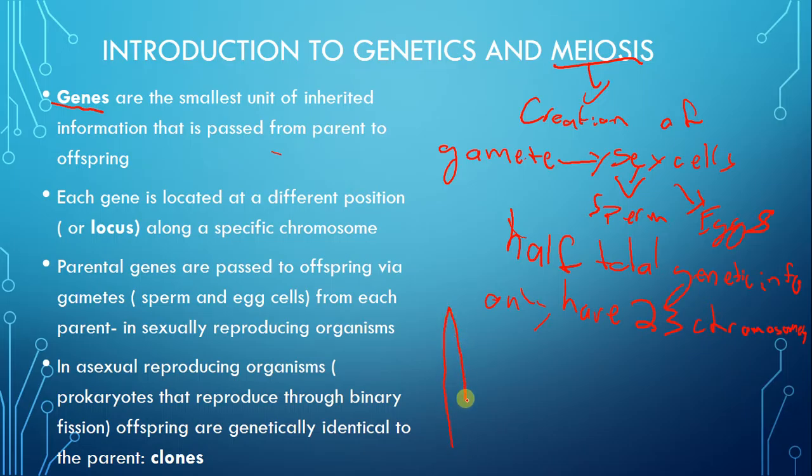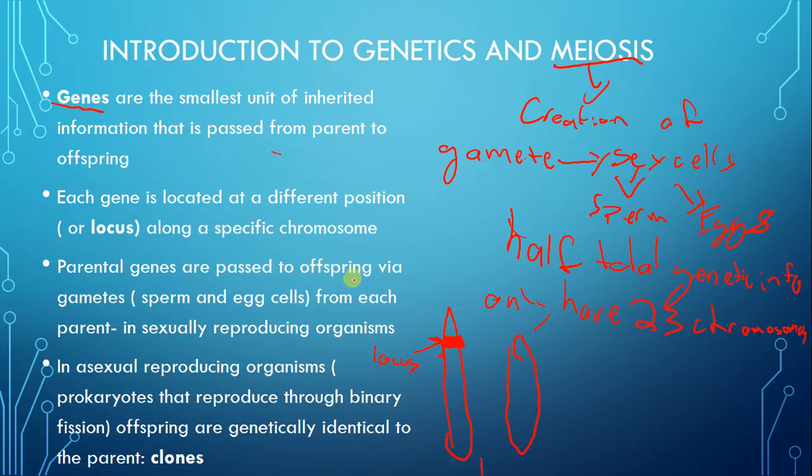So if this is chromosome 1, this is our other copy of chromosome 1, we might have a specific position right here, a locus, where, let's think, the gene for sickle cell disease is located. That is a specific piece of inheritable information that's found at one spot on a chromosome, and that's called a locus.